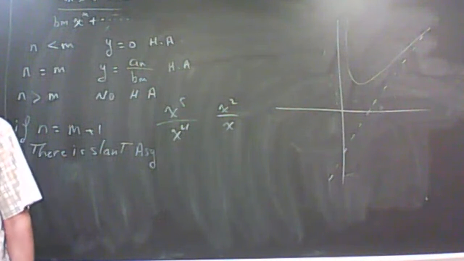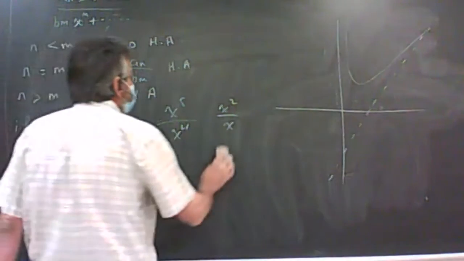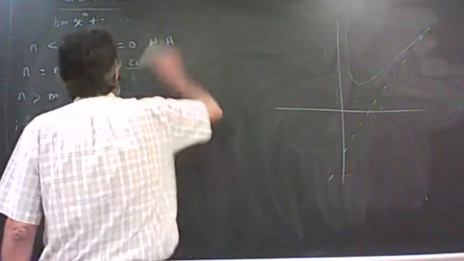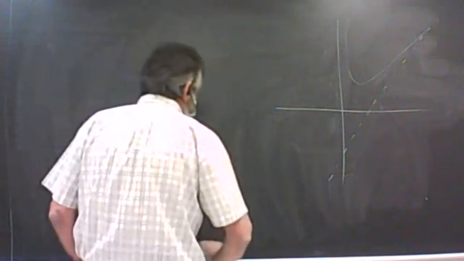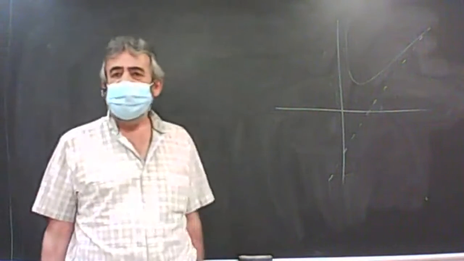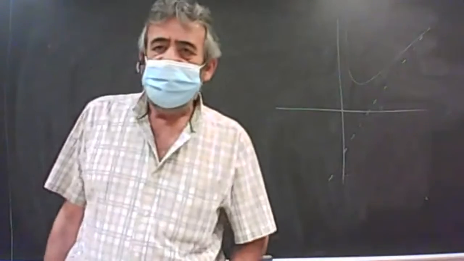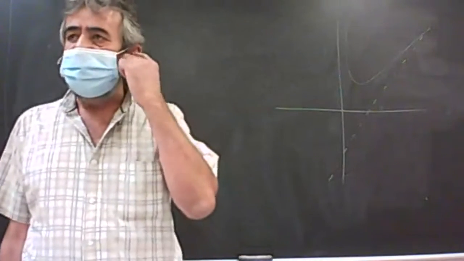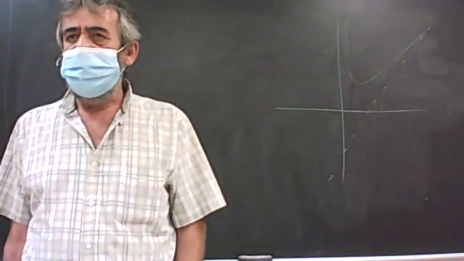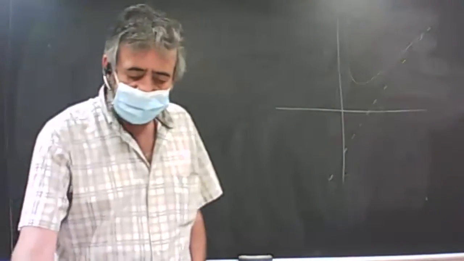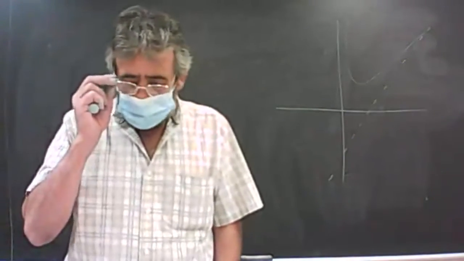Let's do an example and figure that out. We're going to go back to basically division. We're going to use long division to determine what the slant asymptote is. Okay? Let's go ahead and do that.